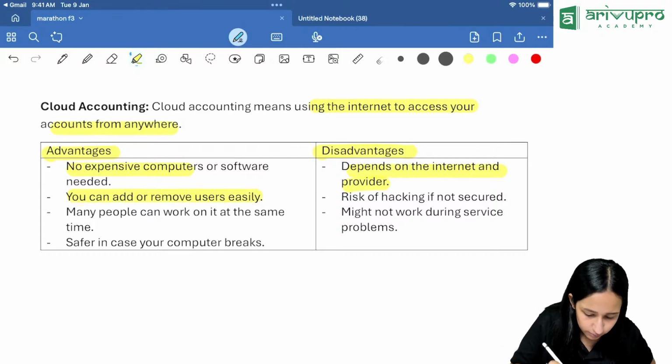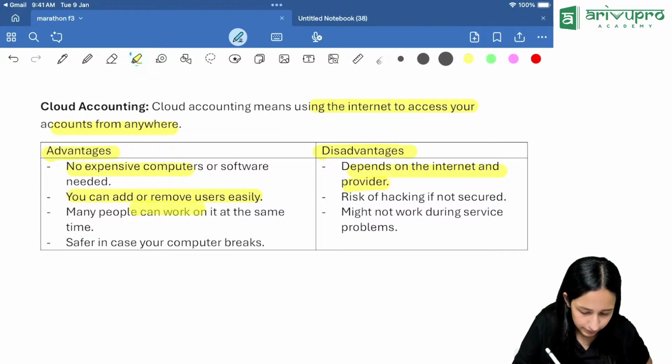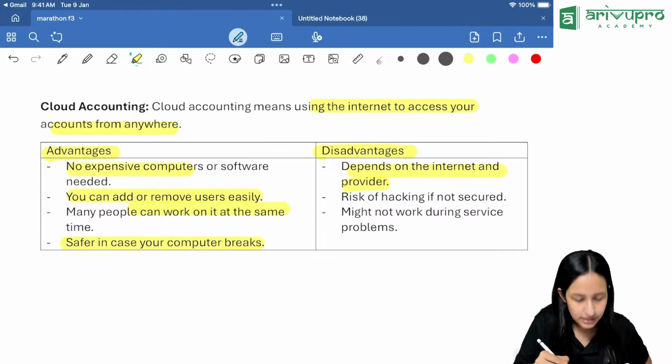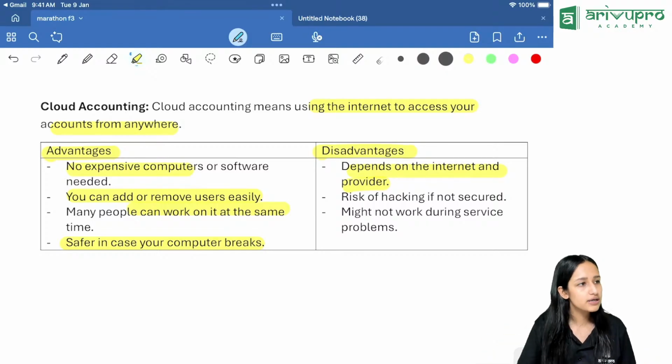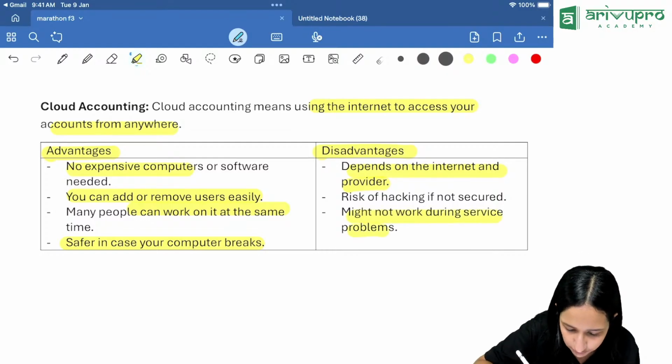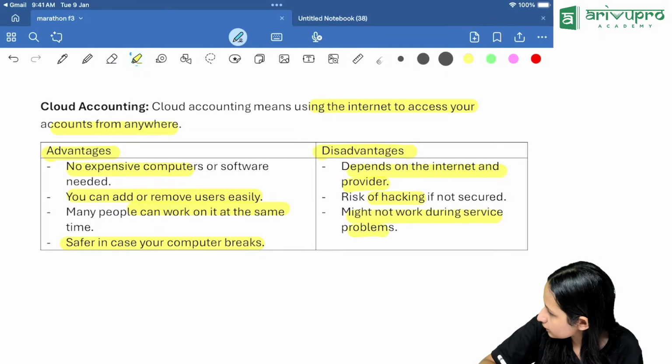You can add or remove users easily. Many people can work on it at the same time. Safe in case your computer breaks. If your computer breaks down and no work is saved, then you'll be very sad about it. So what you can do is put it in the cloud and use some other computer, use the same data, you can get it. Might not work during server problems and risk of hacking if not secured.